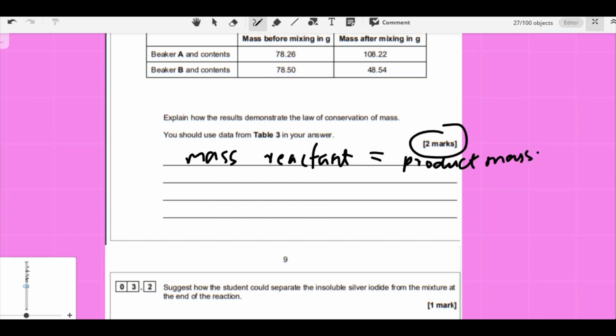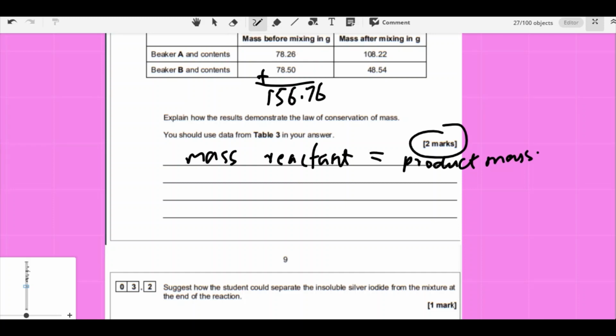Alright, so if you add up the reactant mass here, like 78.26 and 78.50, then the answer will be 156.76 grams.